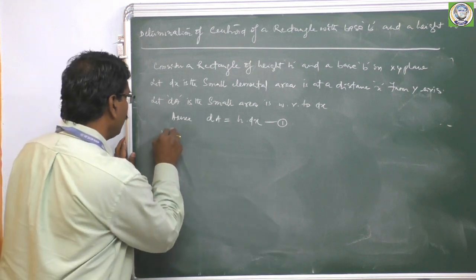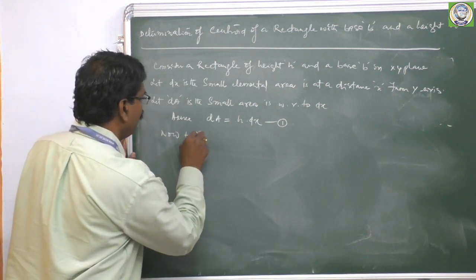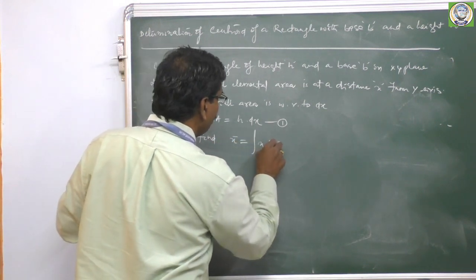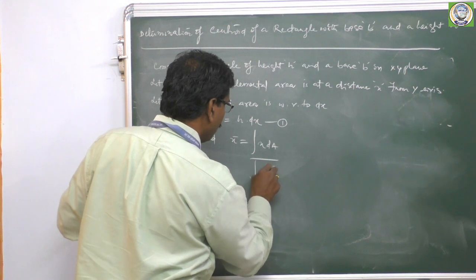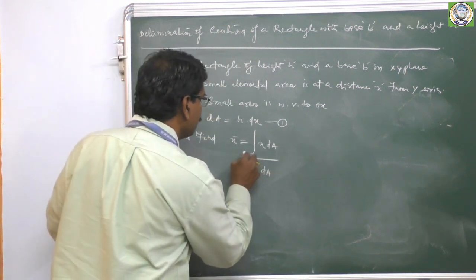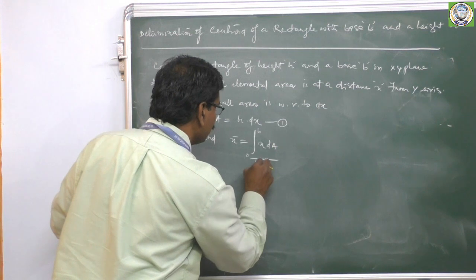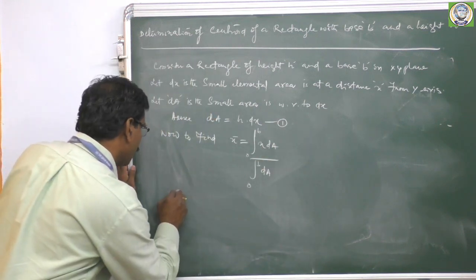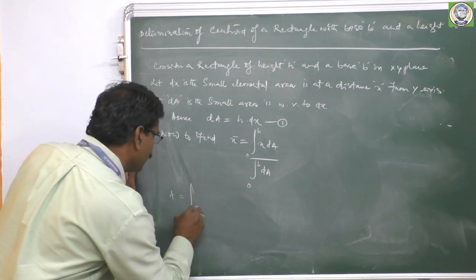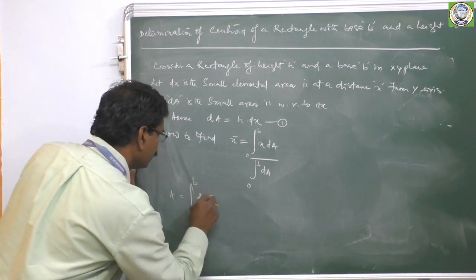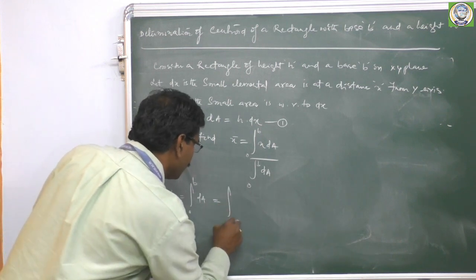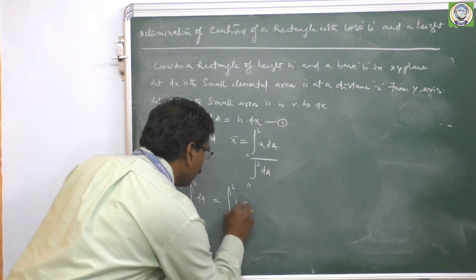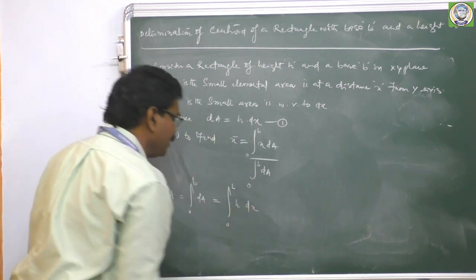Now, to find x bar, integral x dA divided by integral dA in between the limits 0 to b. Now, first we will derive the denominator portion, that is A is equal to integral 0 to b dA. That implies integral 0 to b, we know that dA is equal to h dx. Therefore, in place of dA, I simply substitute h dx.